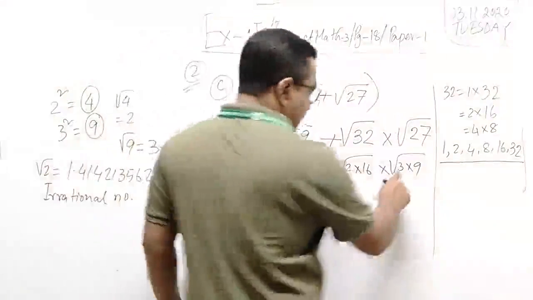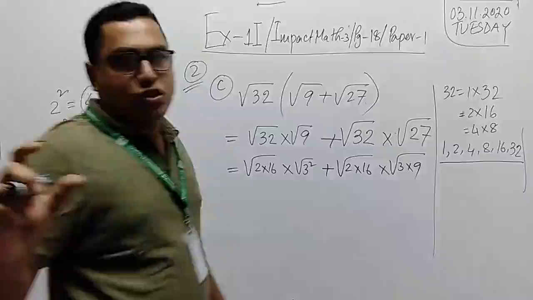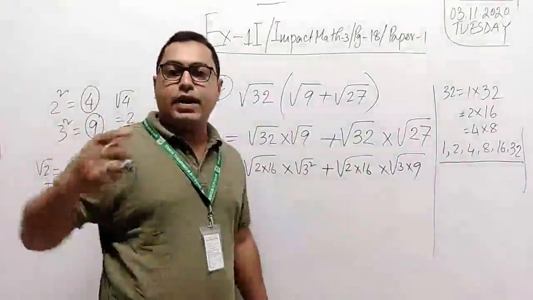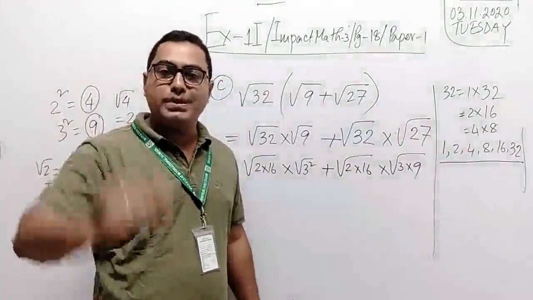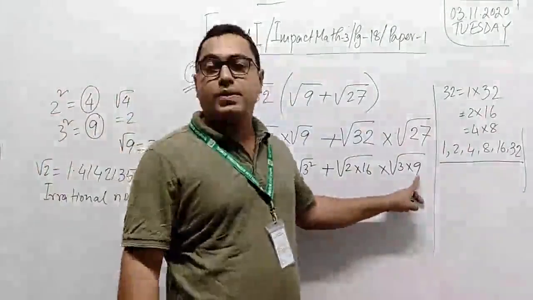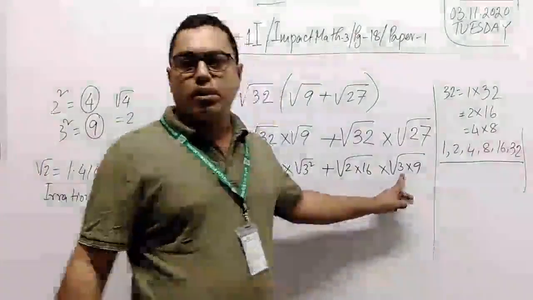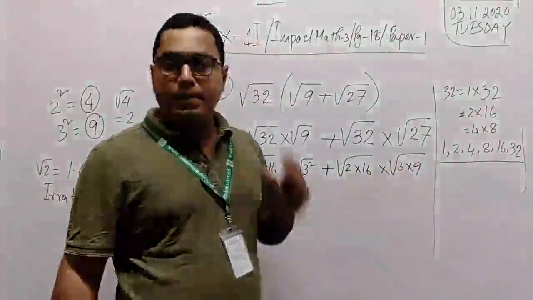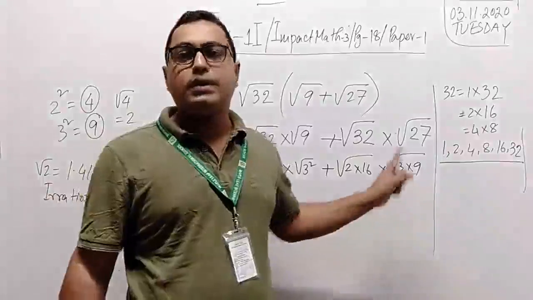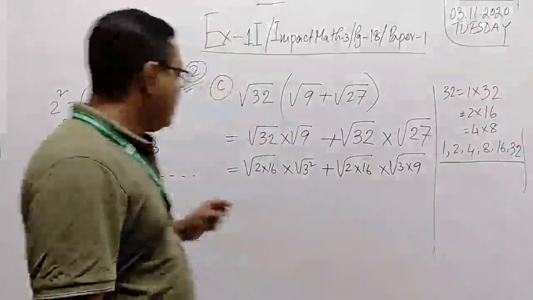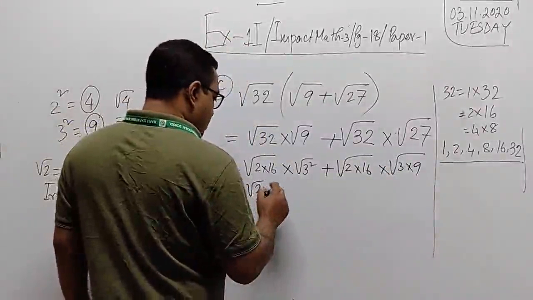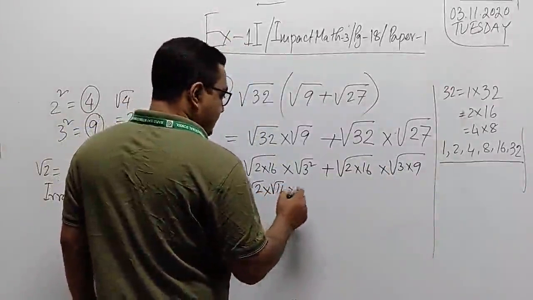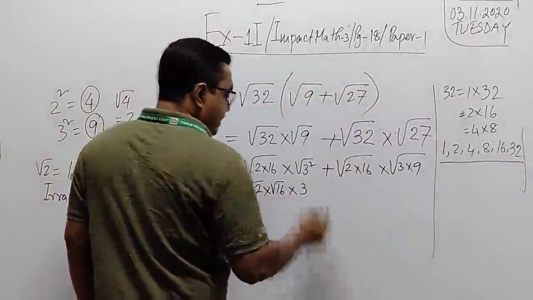You will take the factor so that at least one portion will be a square number. This 9 is a square number. 3 is a rational number. If we take the square root of 3, that is an irrational number. So square root of 2 into square root of 16. Square root of 3 squared is 3.